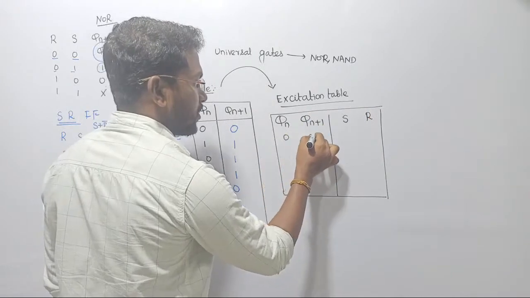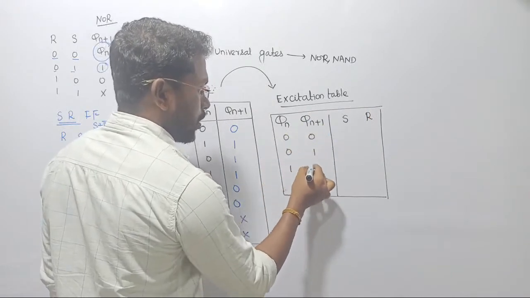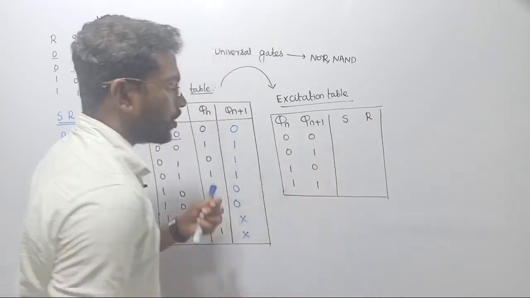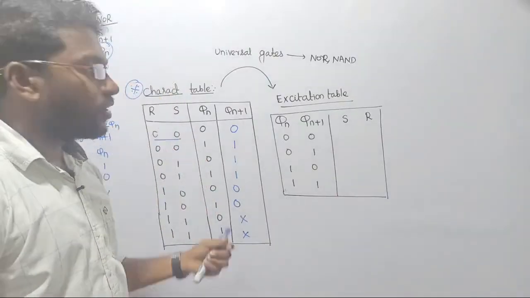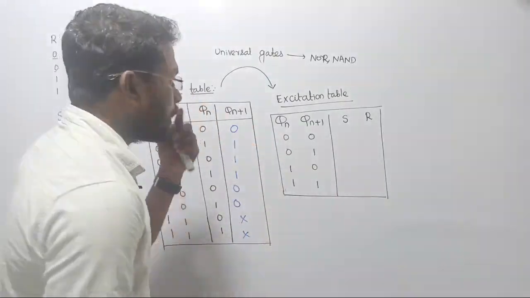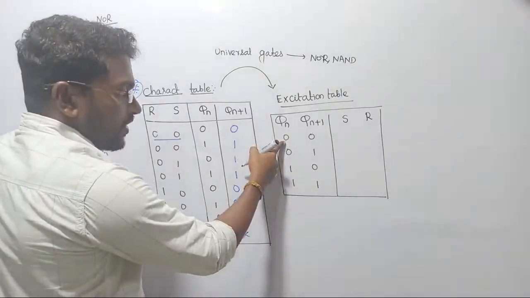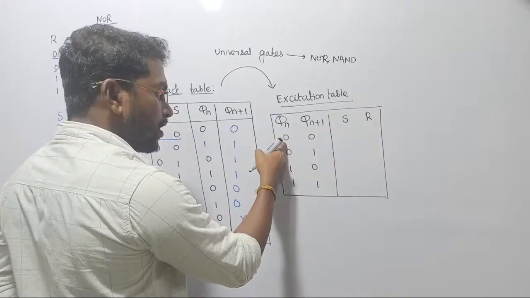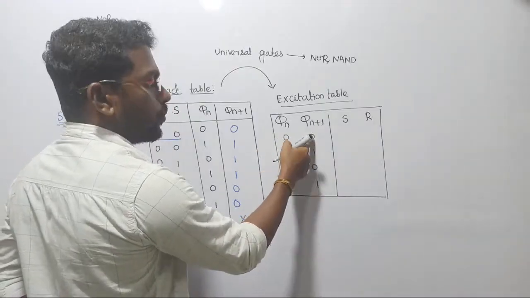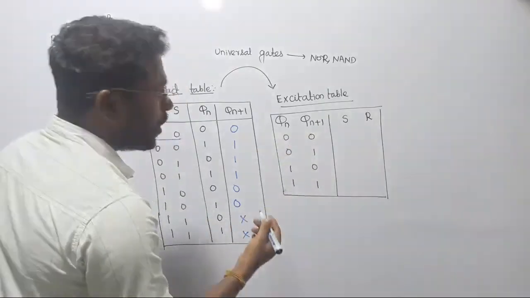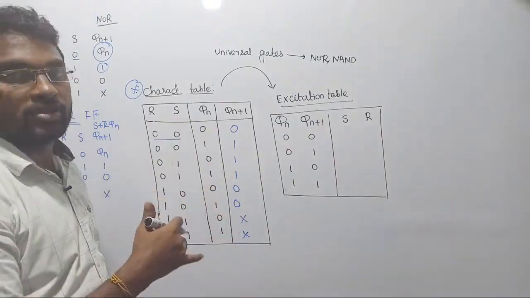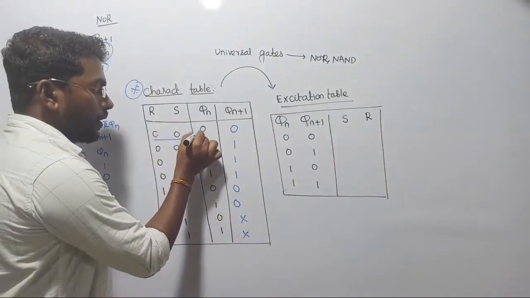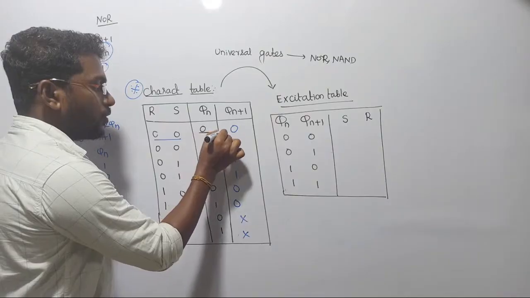So if we are going to consider 0 0, 0 1, 1 0, 1 1, these are all going to be the possible outputs, right? So with this, let us see. Now see there, when your past output is 0 and present output is 0, both past and present, right? So when the past output and present output are both 0, its correspondent possible inputs are, let's see, past 0, present output 0.